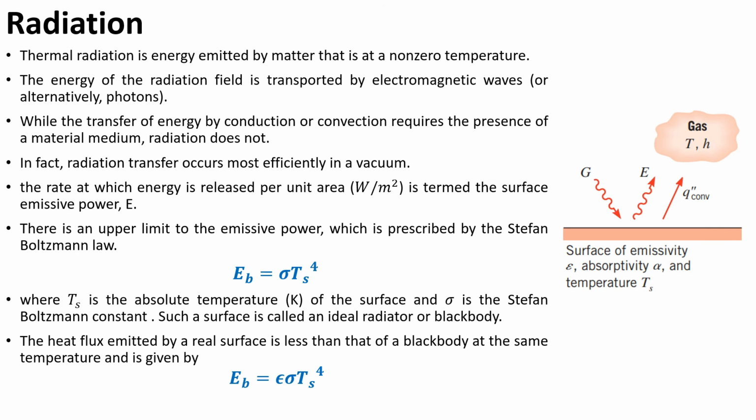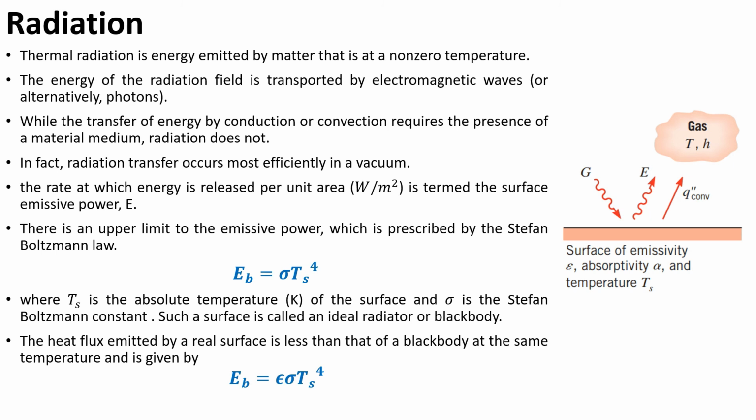Every real body emits some thermal radiation, which is energy, and that energy is transported by electromagnetic waves or photons. In short, every real body emits electromagnetic waves, and those electromagnetic waves are responsible for the heat transfer known as radiation. I am saying every real body, every real body which is at non-zero temperature.